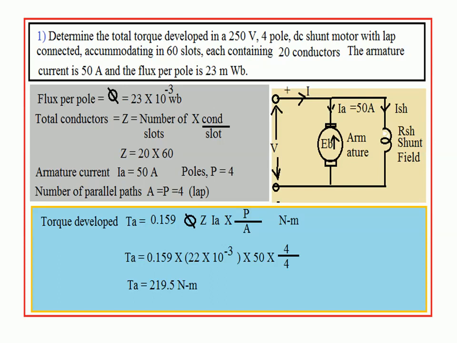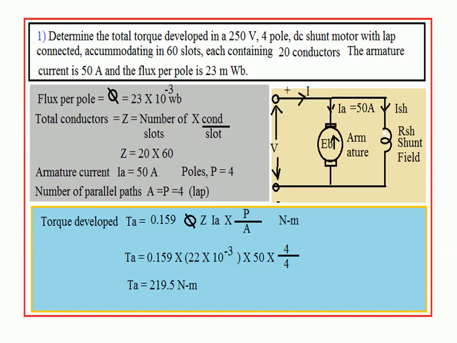Now what is the problem given? The motor draws the armature current, means Ia is directly given, not supply current. Hence Ia equals 50 ampere. It is lap connected, so number of parallel paths equals 4.